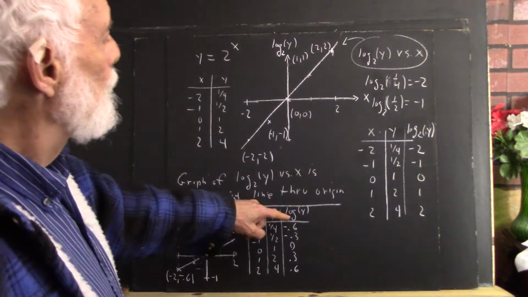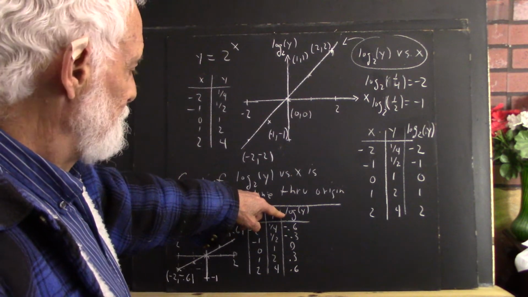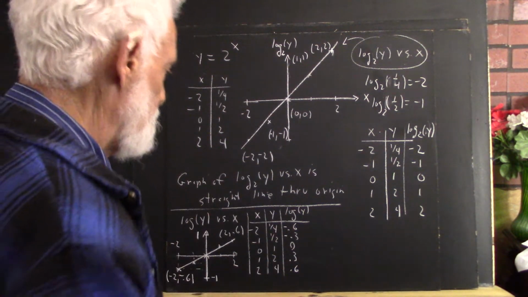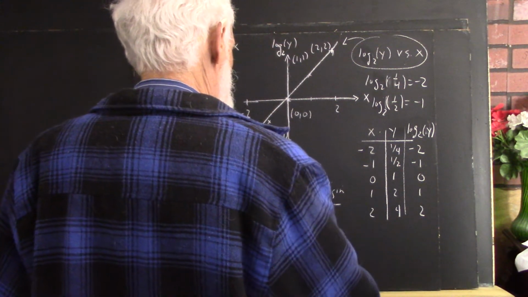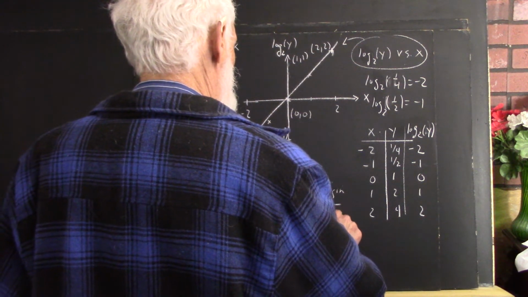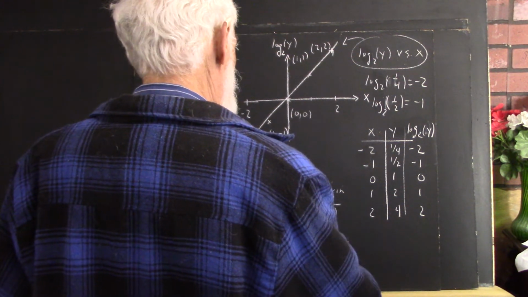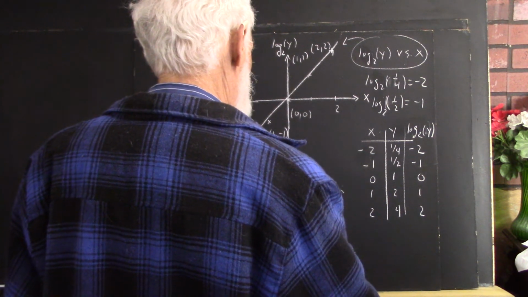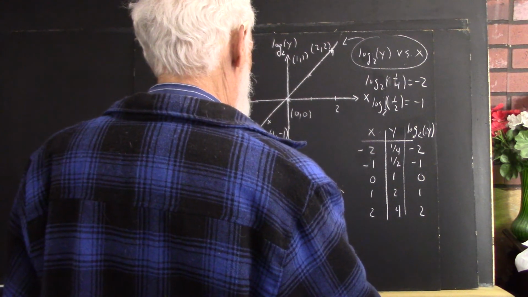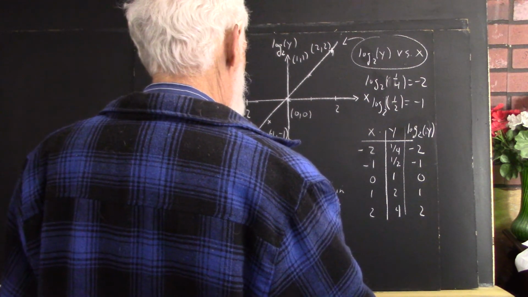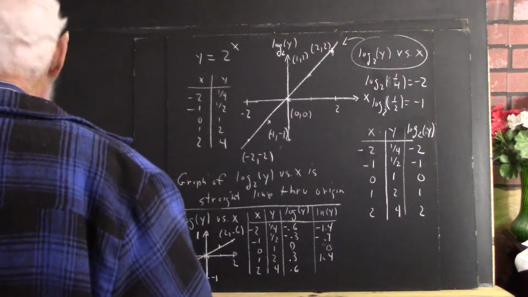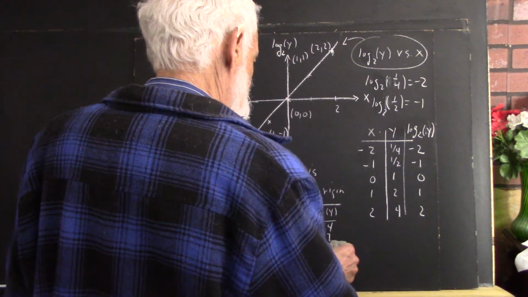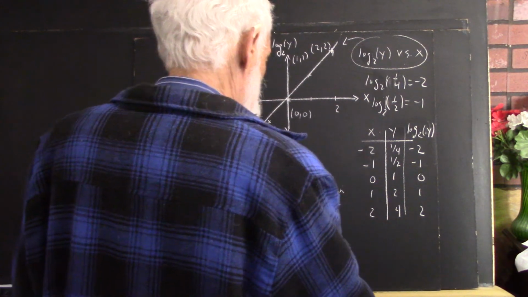We could do this with natural logs. Okay, the natural log of 2 is about 0.7. So we would have negative 1.4, negative 0.7, 0, 0.7, and 1.4. My brain simply isn't any more connected to my hand than it was when I was 2 years old.